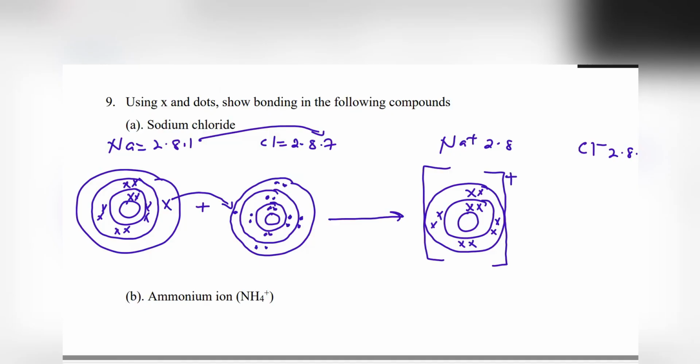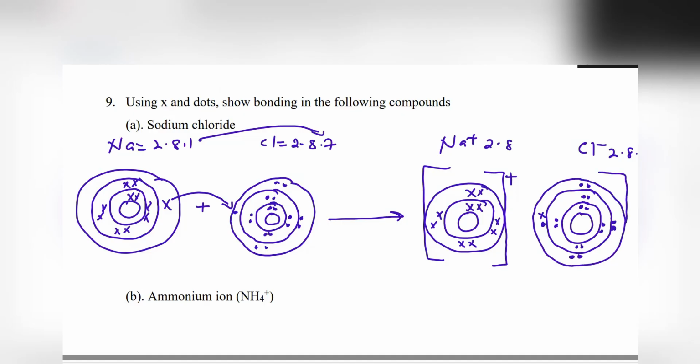Then we are going also to have the chloride ion with 1, 2, then 8, then finally 8. Again, this is an ion. We put it under square bracket and indicate the charge on it.